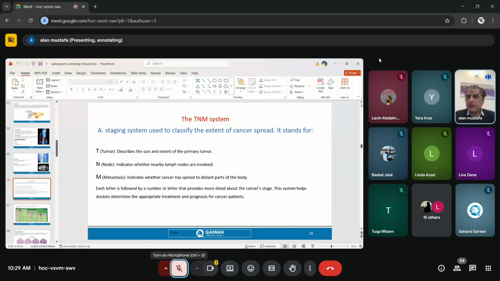We have something called the TNM system. This is usually used for colon cancer. TNM is short for tumor, node and metastasis. You have to know this TNM system, please. This is the way of classifying tumors. In the T, we know the tumor size. In the node, we know how many lymph nodes are involved, and M is for metastasis.